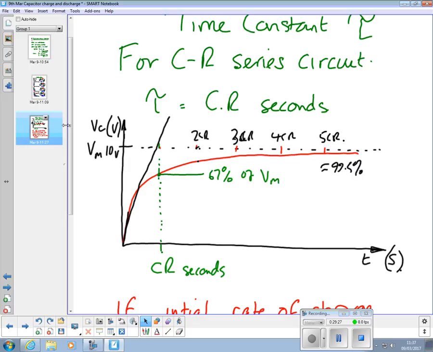So it can never quite reach that 10 volt line, but it gets close enough that we consider it there. It gets to about 67% after 1 time constant, 6.7 volts, and we'll calculate it so you can see that shortly.